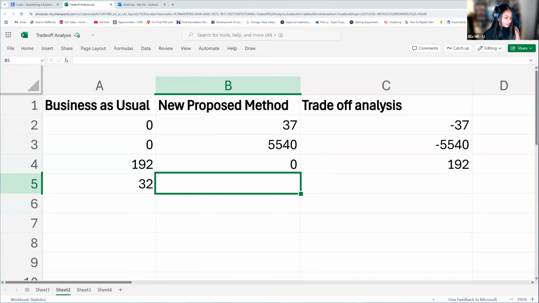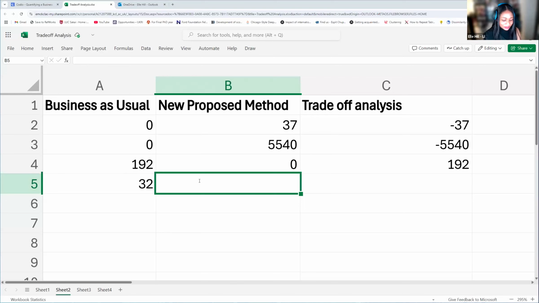Yes. So with this, our new proposed method is going to be 950. So instead of paying 32, we're going to drop this down to 950 a week.